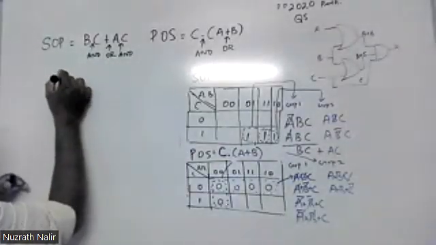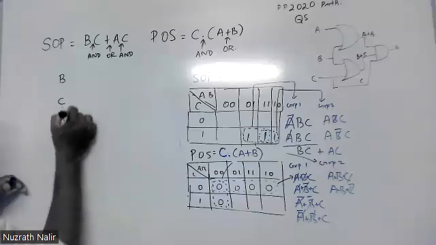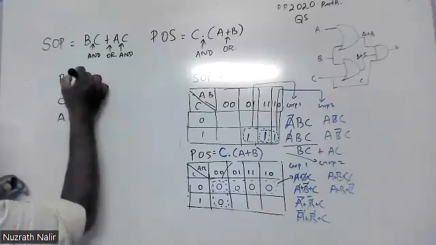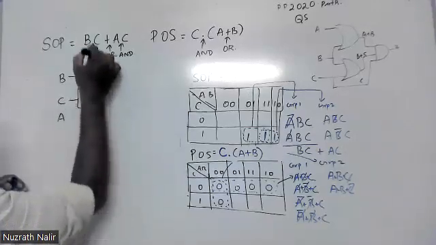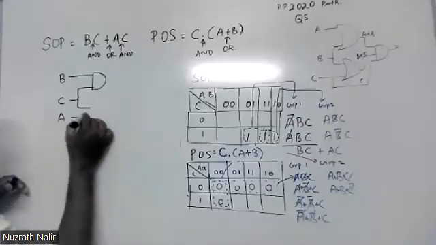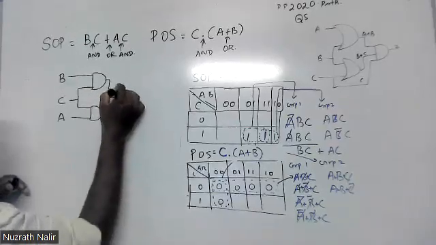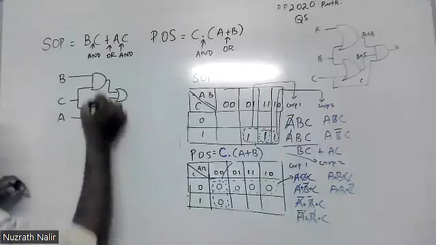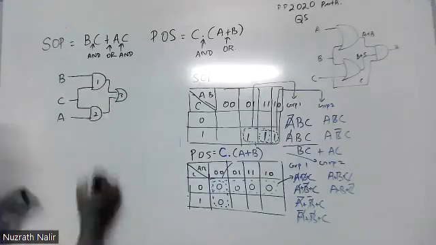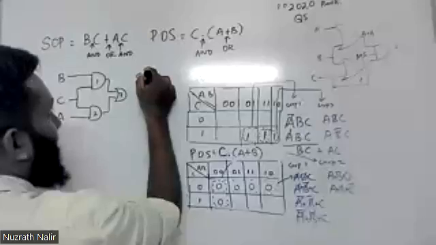Even you can draw the logic circuit diagram, and even you can show it B, C, A. So the B is AND gate, A is AC, the OR. So how many? Number 1, number 2, number 3. But for the POS, the C is there.